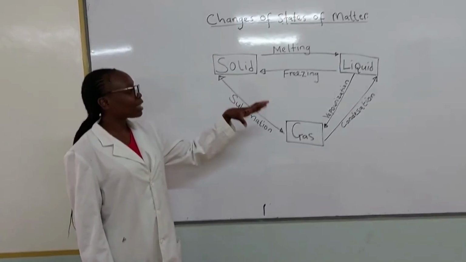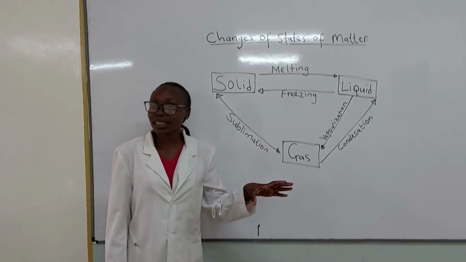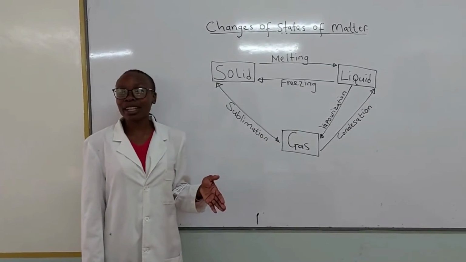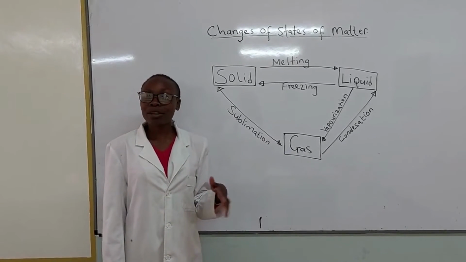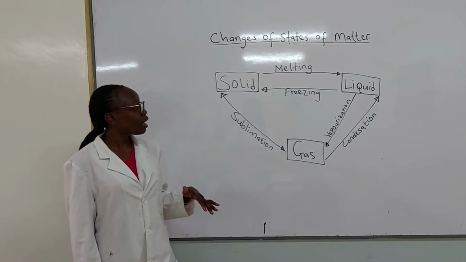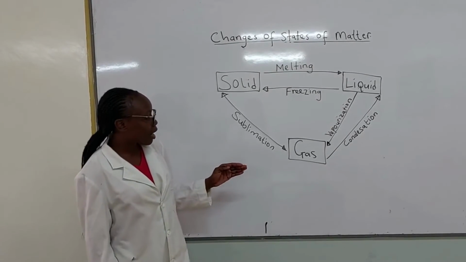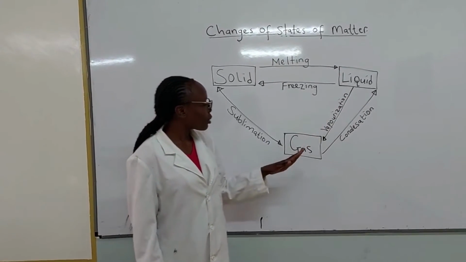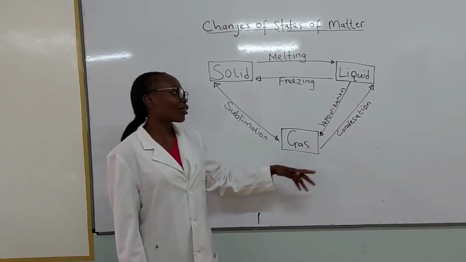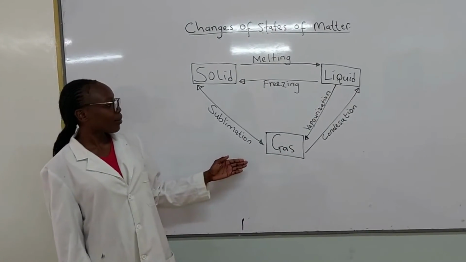You can subject a liquid to very low temperatures. That one can be done in very high and advanced laboratories that we can't afford in school, or we can't let it be to students. And then with us we can have from liquid to gas, we have vaporization, or you can call it evaporation.